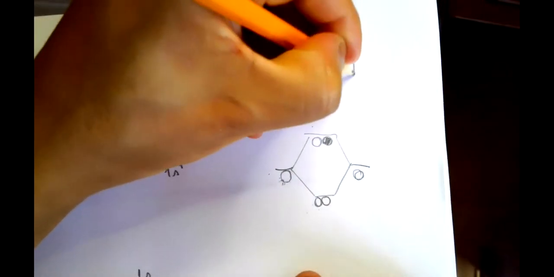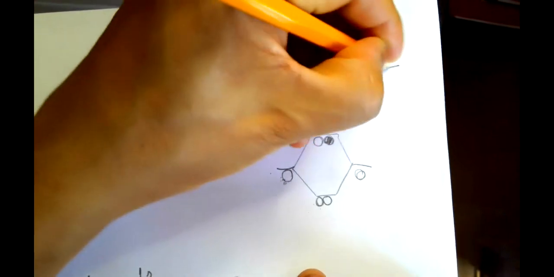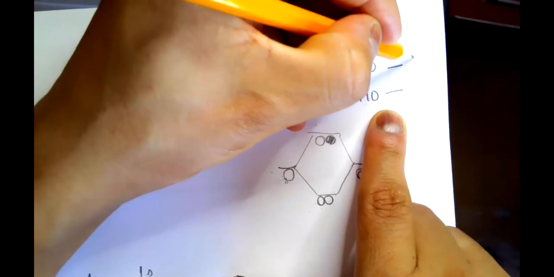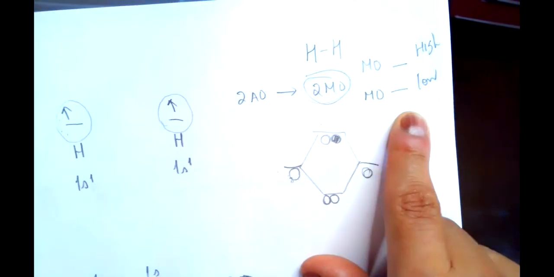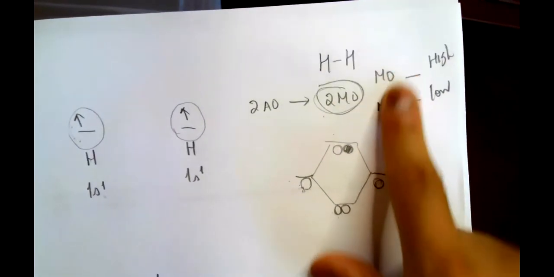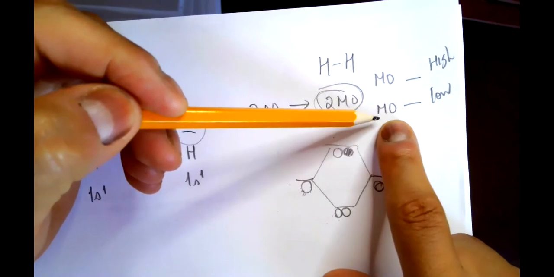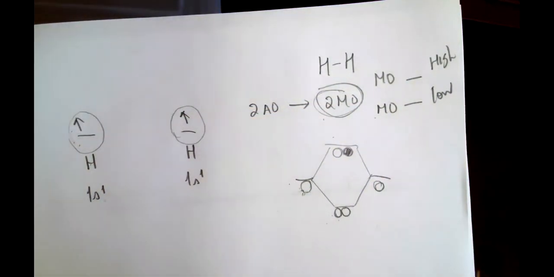You will make one MO higher in energy and another MO lower in energy. Okay, you make two, but one is going to be high energy, and this one is going to be low in energy. Why do you do that? I do this because I need my molecular orbital to be lower in energy to make the bonding favorable. Because if you don't make it bonding favorable, the bonding will not occur.